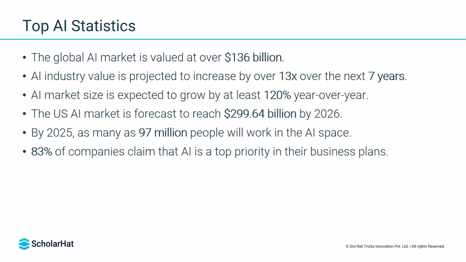And right now, the companies are implementing and building software. 83% of companies are claiming AI is their top priority in their business plans.